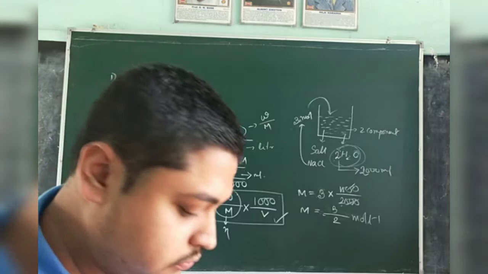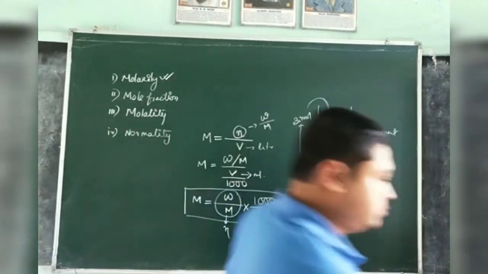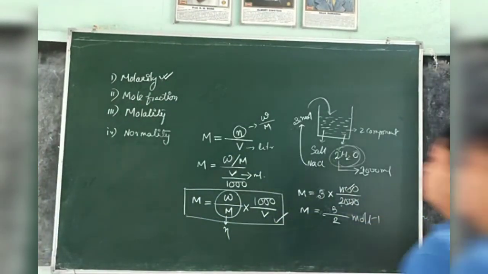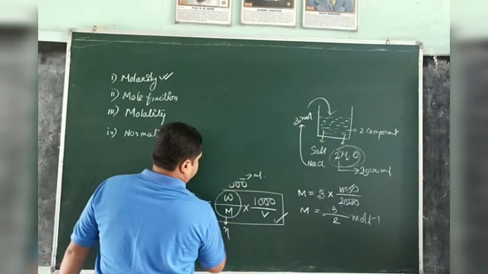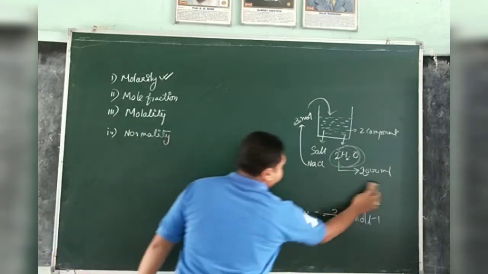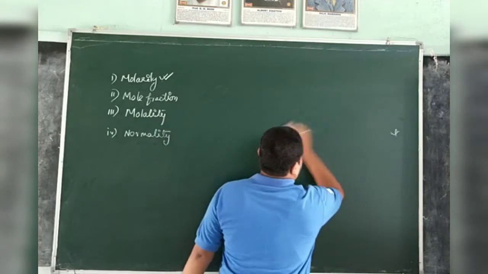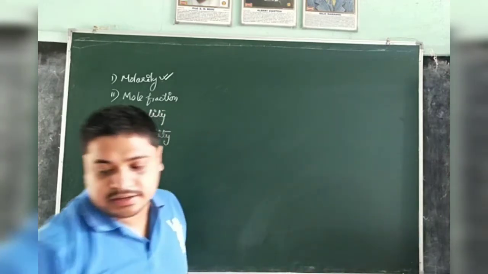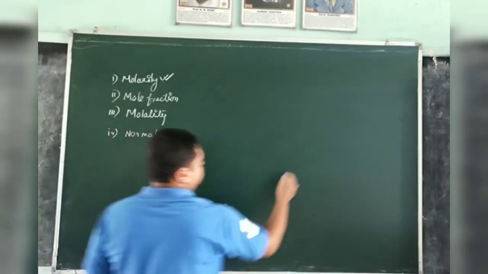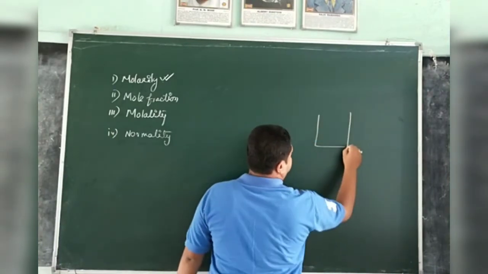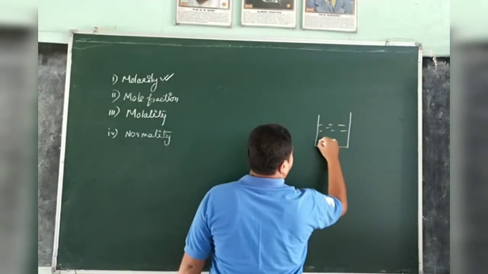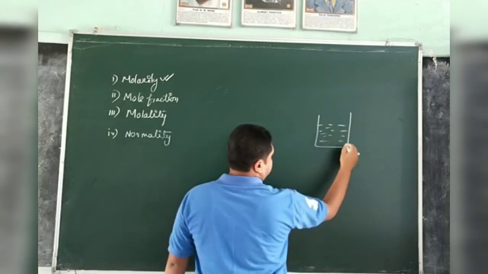So next one, mole fraction. Mole fraction means what? How much amount of mole is present in the solution. This is a beaker. Suppose two components are there in the solution.